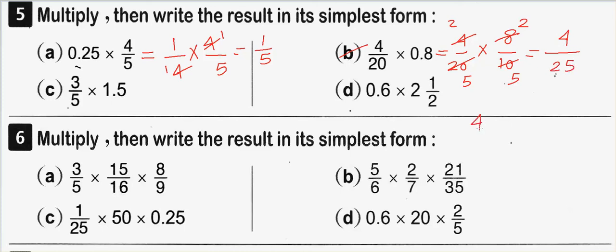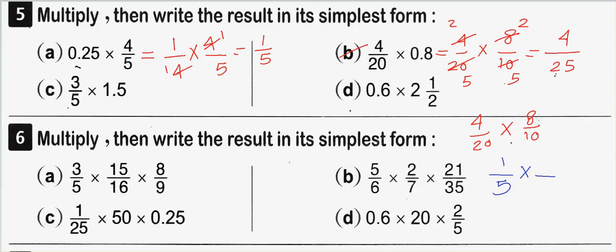4 over 20 times 8 over 10. Can we simplify the first fraction and the second fraction first? 4 over 20, we divide by 4 up and down. 4 divided by 4 equals 1. 20 divided by 4 equals 5. What about 8 over 10? 8 is an even number, and 10 is also an even number.